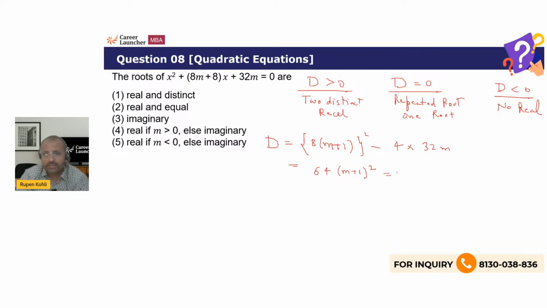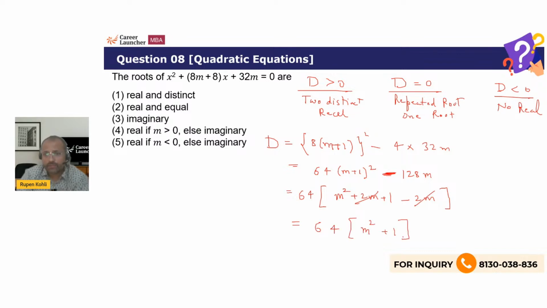And this is 32 into 4, 128m. You can take 64 common, and what you're left with is m plus 1 whole square. Let me expand that now. This is minus sign. M square plus 2m plus 1, and 2m is there, so minus 2m. So therefore 2m cancels. We are left with 64m square plus 1.